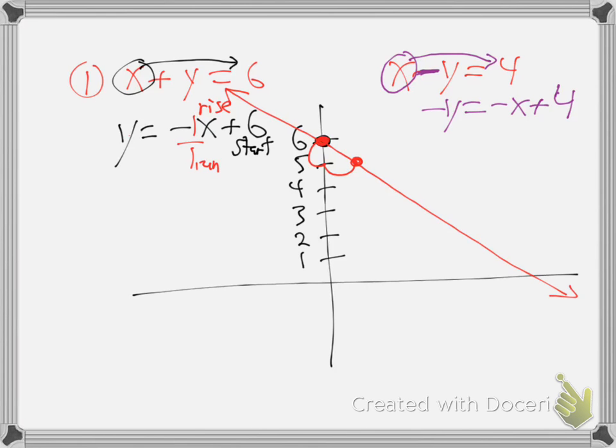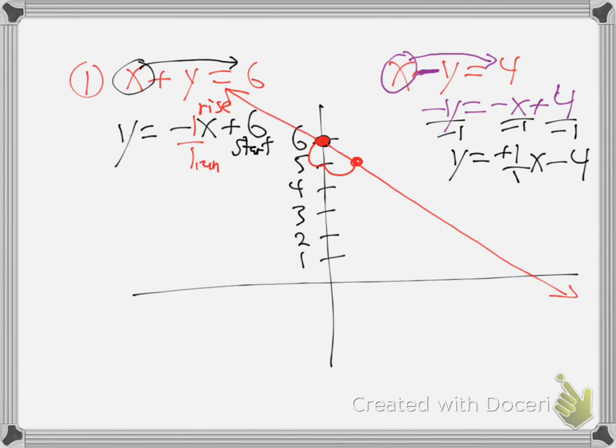How do we get rid of it? Divide through by negative 1. Right? And y equals, two negatives is going to be positive 1 over 1x minus 4. Wait, is that right? Yeah, that is right. Everybody good with that?